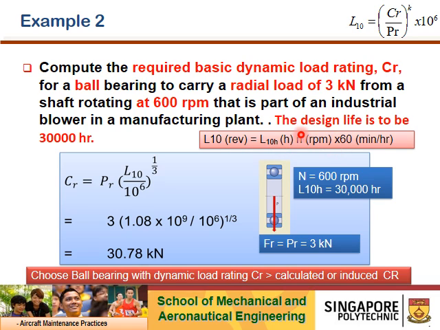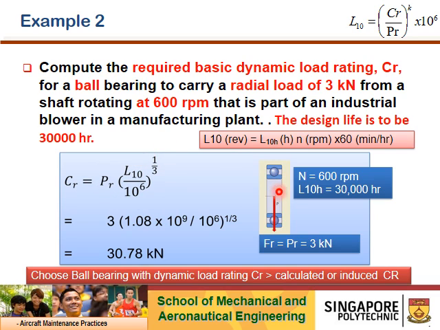You have your L10H of 30,000 hours and 600 RPM, you convert to hours, you multiply, and you will get your L10 in revolutions. The formula given is CR equals PR times L10 over 10 to the power 6, to the power 1 over 3. How do I obtain this formula? It is actually from the L10 formula. You just need to make CR the subject, so you will get this layout.